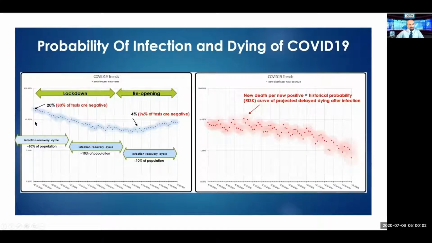And if we think that the probability of infection is on average 10%, just to simplify the calculations, we can think that we went through 3 or 4 full cycles.